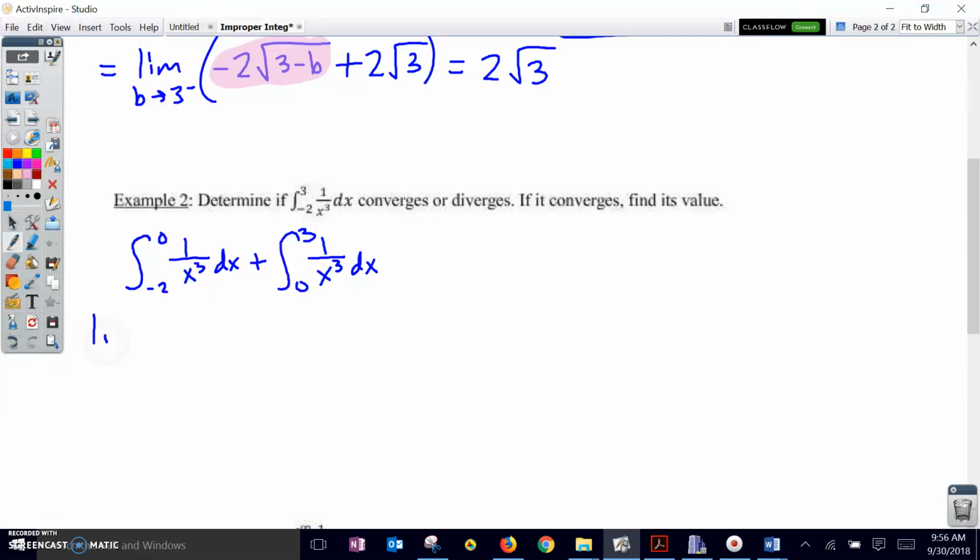And now we're going to establish limits. We'll take the limit as b approaches 0 from the left, since we're approaching on the negative side in this first integral. And we want the limit as a approaches 0 from the right, since we're on the positive side of it in this integral.